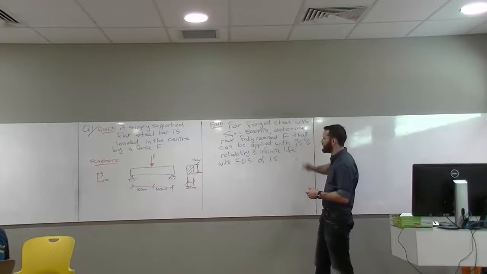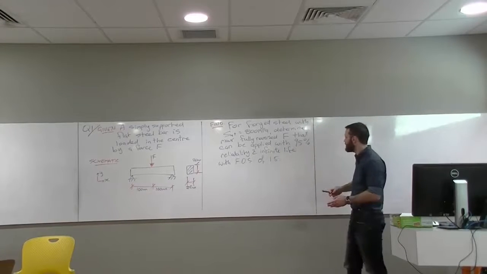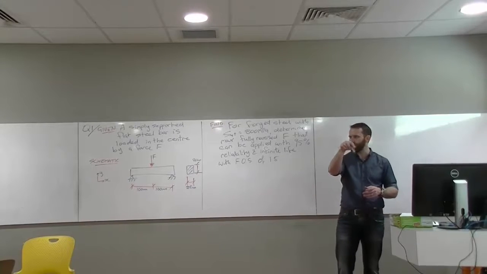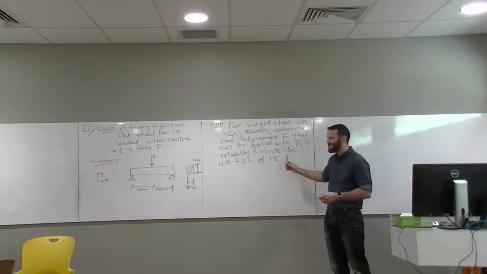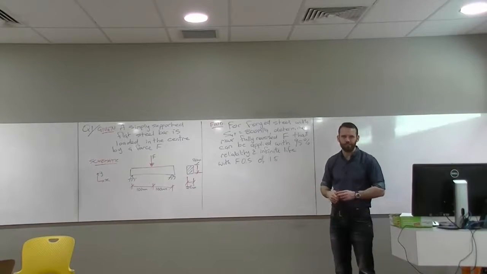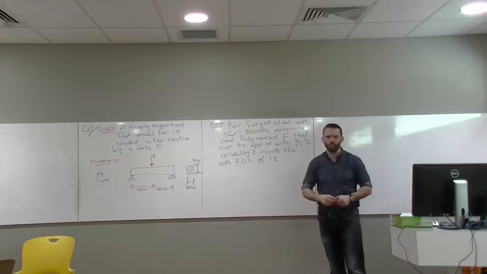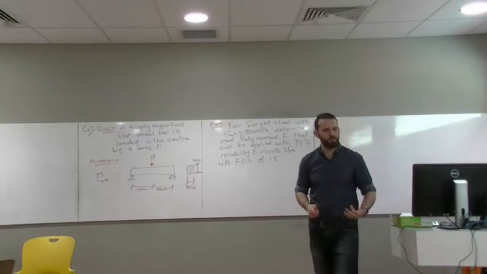Applied with 95% reliability, we just finished talking about that. Infinite life means you use that Sn dash at 10 to the 6 value. In some circumstances I might ask you for 10 to the 3, but almost never. And a factor of safety of 1.5. Lots of information there.